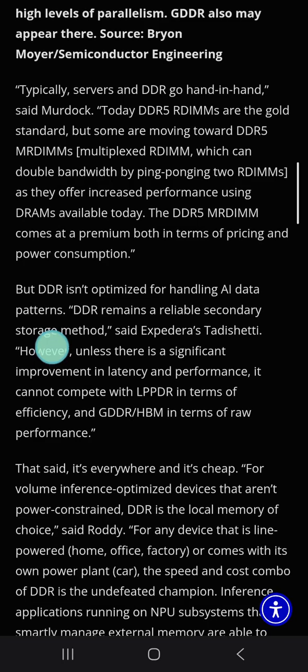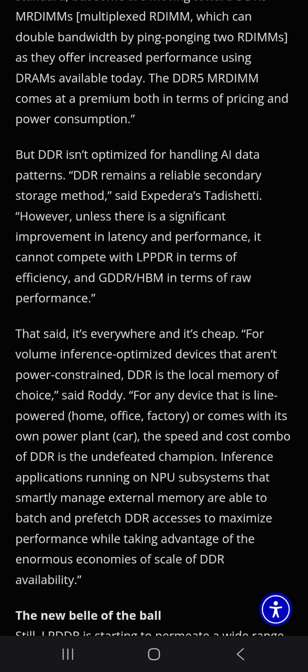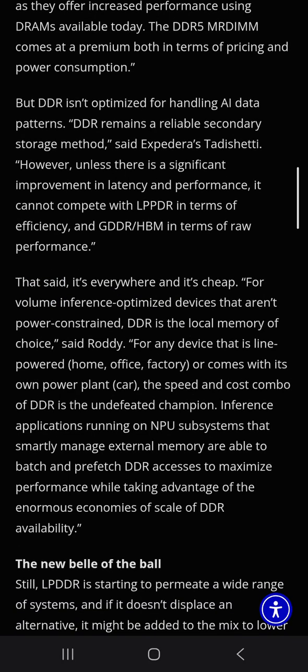But DDR isn't optimized for handling AI data patterns. DDR remains a reliable secondary storage method, said Expedera's Paul Karazuba. However, unless there is significant improvement in latency and performance, it cannot compete with LPDDR in terms of efficiency and GDDR or HBM in terms of performance.